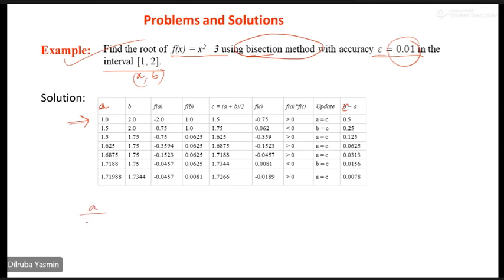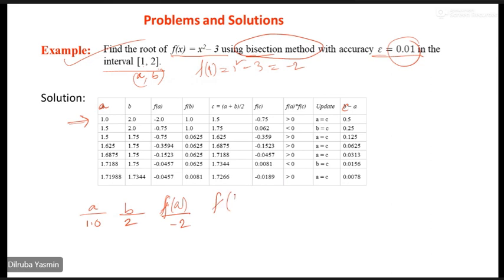You have to insert the A value, this is 1.0. You have to insert the B value, this is 2. Next, you have to find the value of f of A. You already have A value 1, so you insert the value 1 instead of x. So you have the f of a value, this is -2.